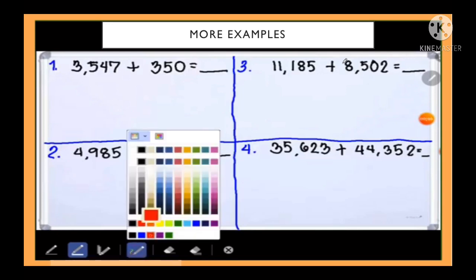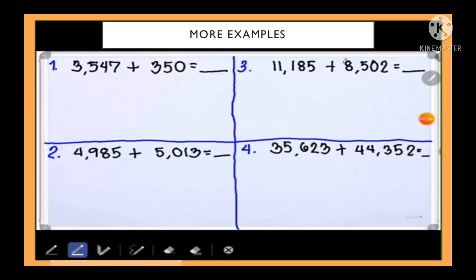Okay, so I will write something here. For example, in without regrouping, if we add the 2 digits, the answer is less than 10. What are the numbers? 0 to 9, correct?